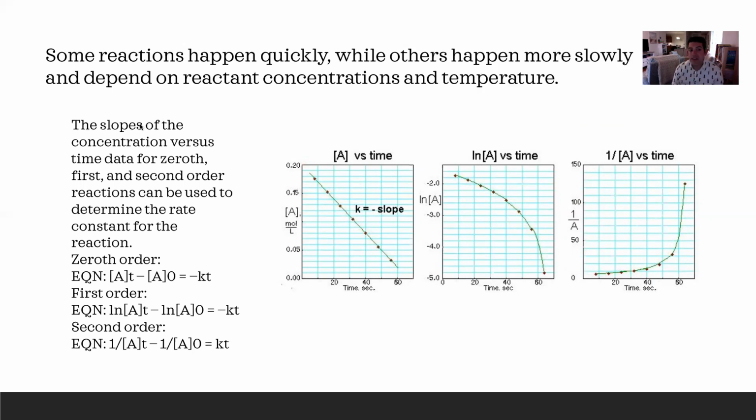All right. Now, the slopes matter as well. The slopes of the concentration versus time data for 0th, first, and second order reactions can be used to determine the rate constant.